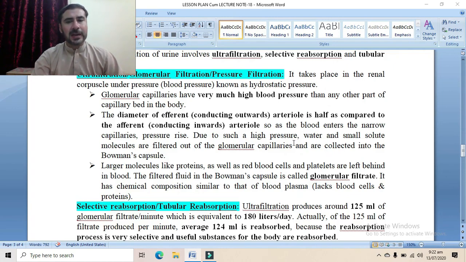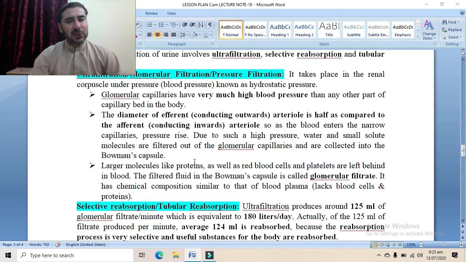Water and small solute molecules are filtered out of the glomerular capillaries and collected into the Bowman capsule. The smaller molecules pass through the wall of the capillaries, and then the double wall structure of the Bowman capsule, and the glomerular filtrate is formed.